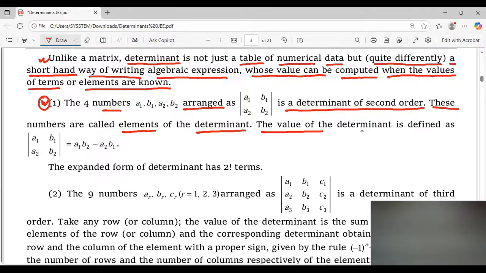The value of the determinant is defined as A1 B1 A2 B2 equal to A1 into B2 minus A2 into B1. The expanded form of the determinant has factorial 2 terms.